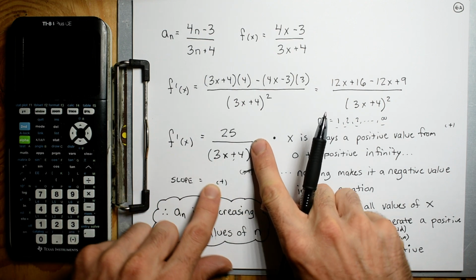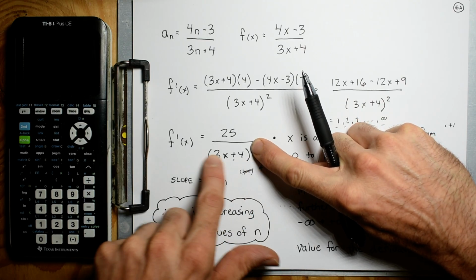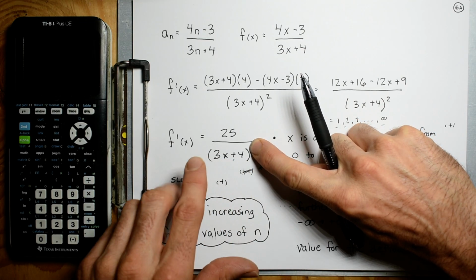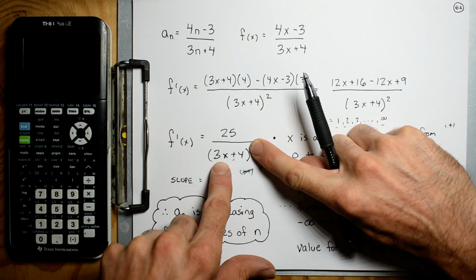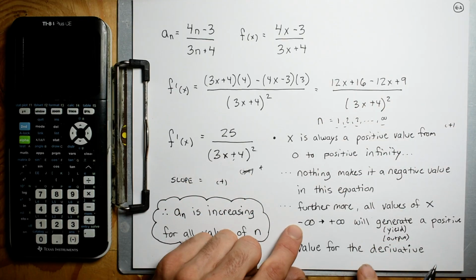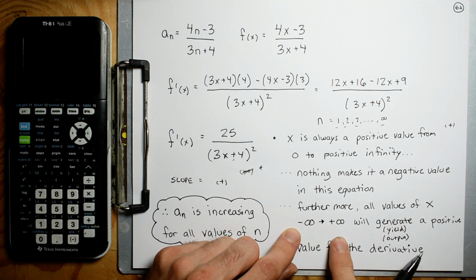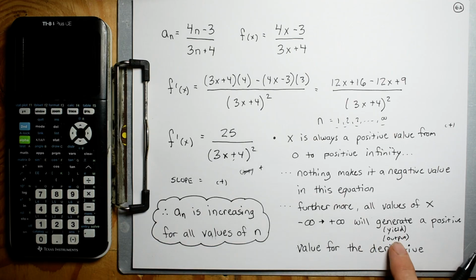I was thinking we might put in values that are negative that actually make this negative. Any large negative value makes this part negative, but once we square it, it's always going to be positive. So all values of x from negative infinity to infinity will generate a positive value for the derivative.